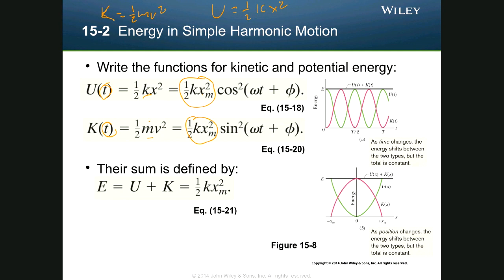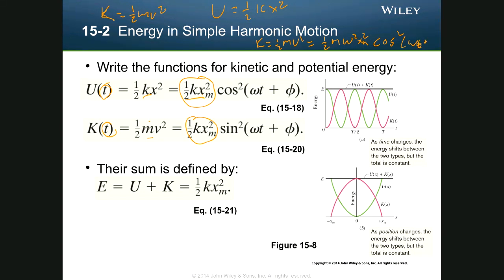We believe that with U(t), this makes sense, right? But with K, we have 1/2 mv squared, which is going to equal 1/2 times m times minus omega squared, which is going to be omega squared, x_m squared is just x_m squared, and then x was cosine squared omega t.